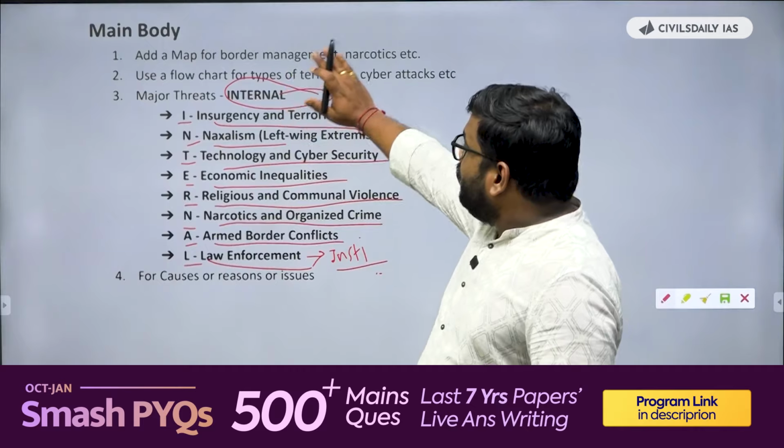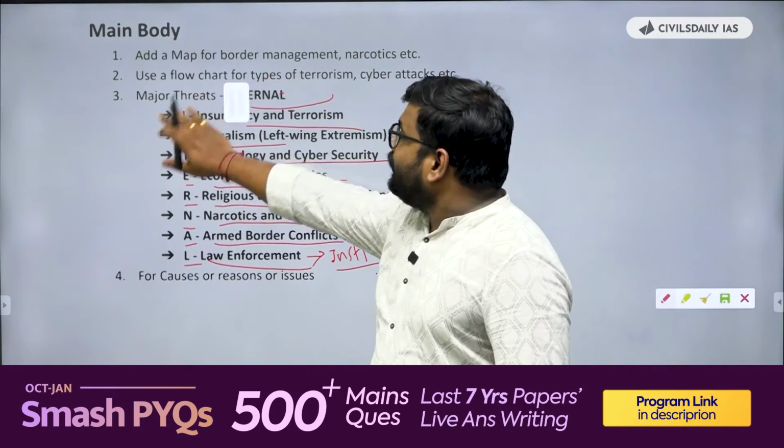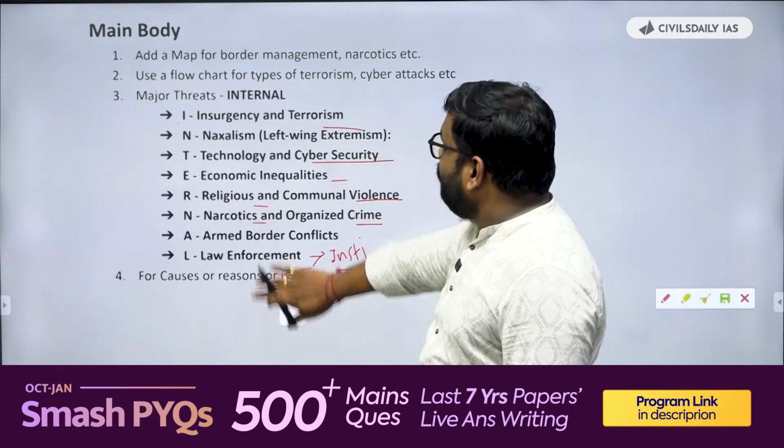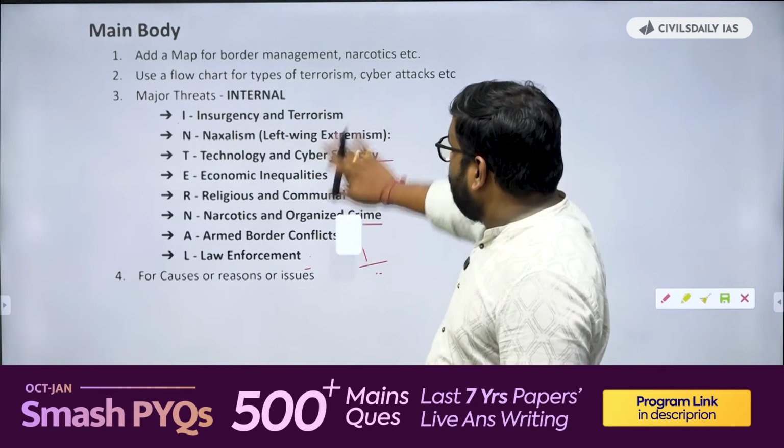So if the question is on the major threats, use the INTERNAL framework or acronym.